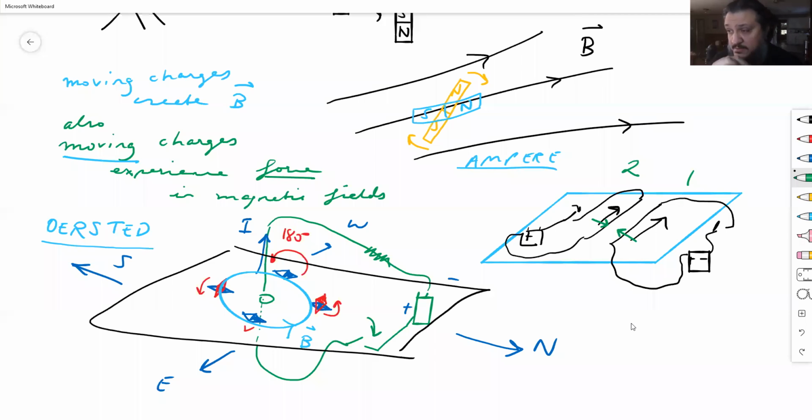The force on wire or current 1 due to the second current has to be equal to the other one in magnitude, but opposite in direction. You can write it mathematically like this with a negative sign, equal but opposite. So if you have two currents moving in opposite directions, this force would be a repulsive force.